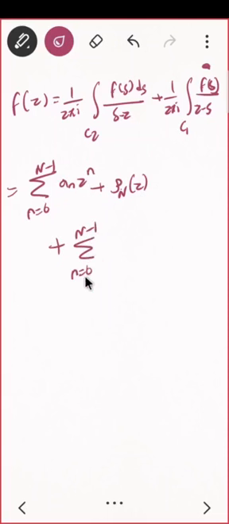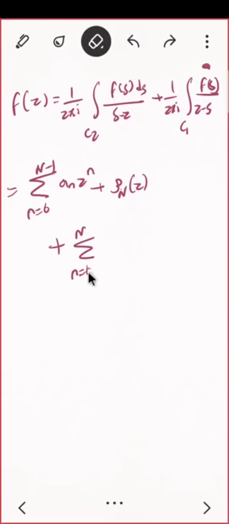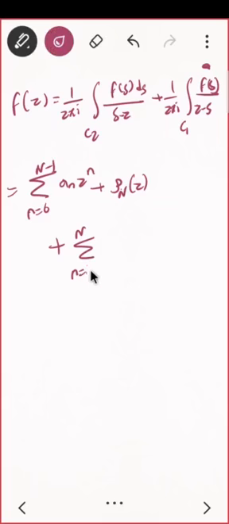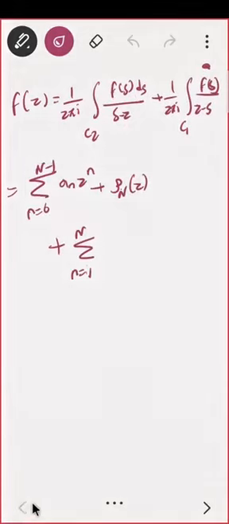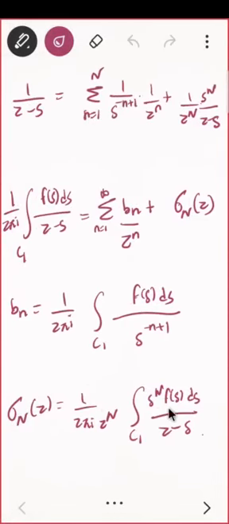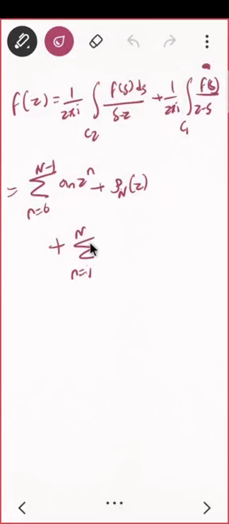Sorry, here I am taking n equal to 1, so make sure you write that. Yes, this is n equal to 1. So it is bn upon z raised to n plus sigma n of z. This is what I have now.